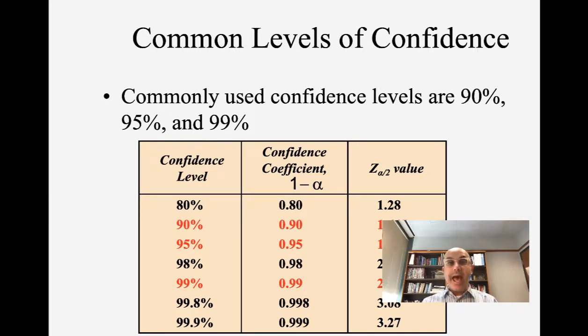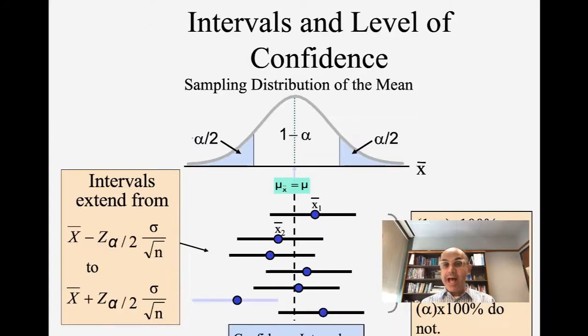We usually have a table that shows the confidence level, confidence coefficient, and the z-value, so that we are synchronized with that value. The interval and the level of confidence, again with the sampling distribution of the mean, is where we are trying to match the scores with the distribution in order to understand it.